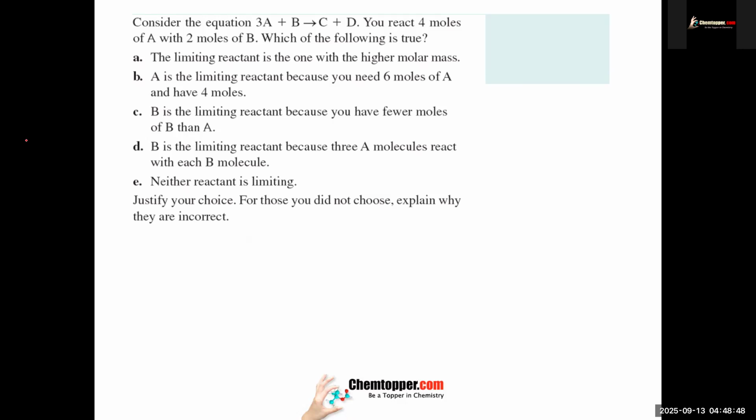Who is the limiting reactant? How to decide who is the limiting reactant? You have to find which one is left over. The one that's not left over is the one that's limiting, basically.